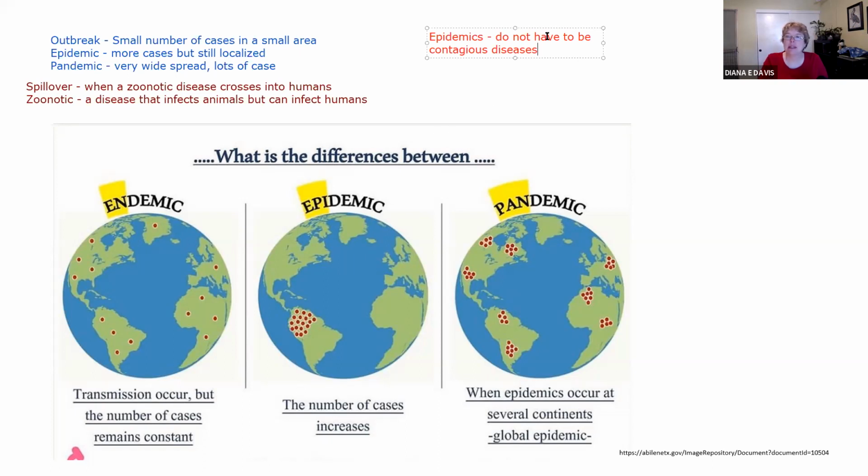All right, so epidemics don't have to be contagious diseases. Contagious means able to spread from person to person. So we can talk about the obesity epidemic, which is really problematic, but that's not within the scope of this class. Or you can talk about an epidemic of neurological diseases in Flint, Michigan, due to the water problem, due to lead in the water.